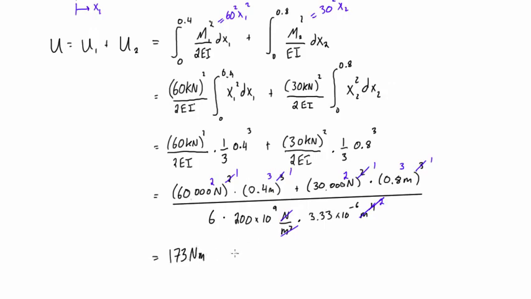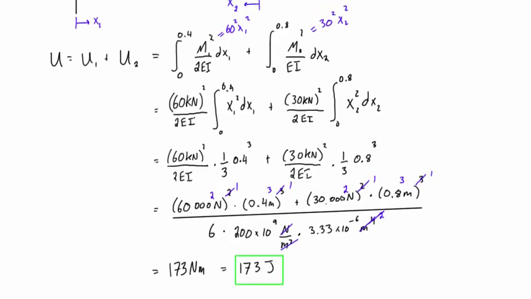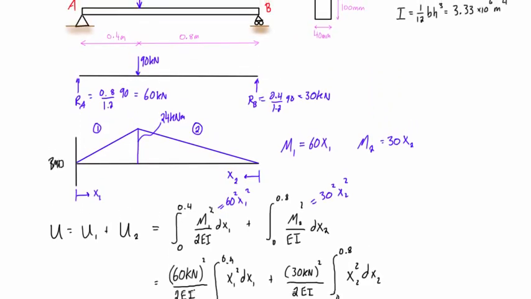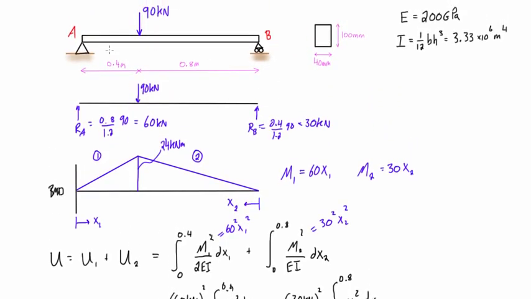That's all simplified. And newton meters are joules, so this is the same thing as 173 joules. So there we go, we got our final answer here, 173 joules, and that is basically the total strain energy of this beam once we have applied this point load of 90 kilonewtons one-third of the way across.